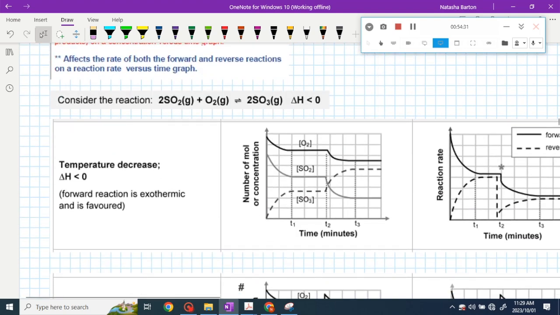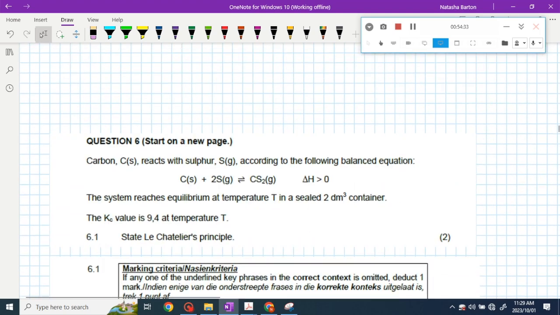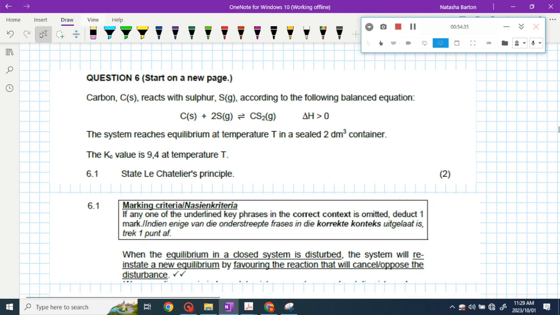Okay? Over here I have graphs. I'm going to talk about the graphs again in a moment as well. But let's go to question 6 of that past paper, please. So over here they say carbon reacts with sulfur.